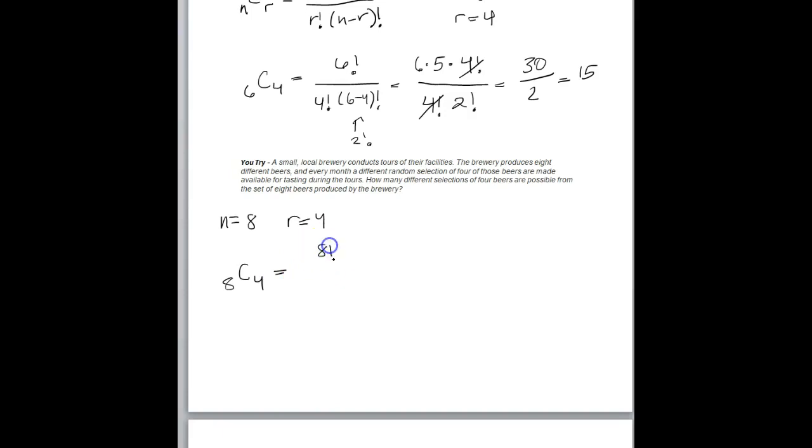So we have 8 factorial on the top, 4 factorial on the bottom, and (8 minus 4) factorial on the bottom as well. And so then we just do 8 times 7 times 6 times 5 times 4 factorial. Oh, did I write that wrong? I sure did.